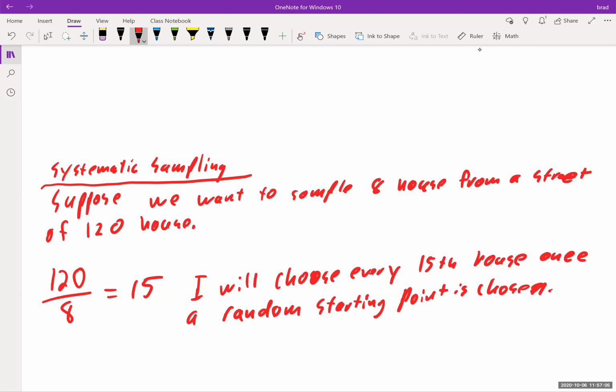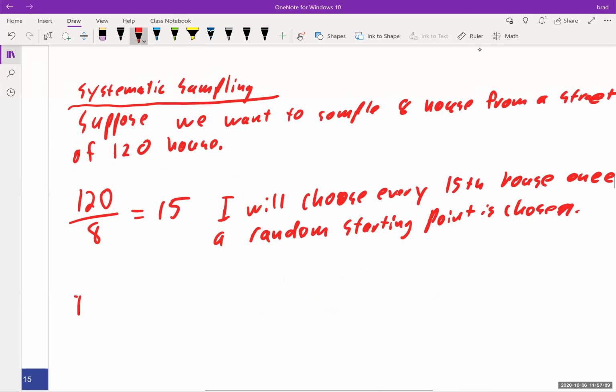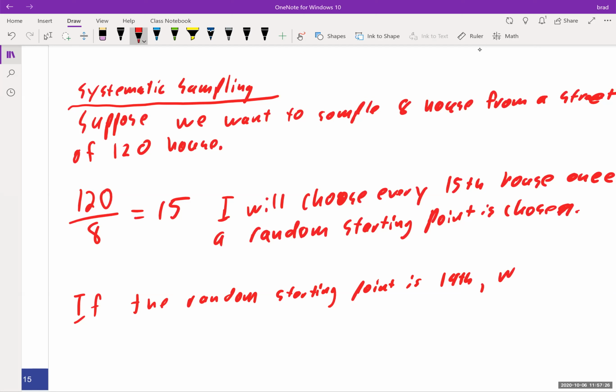So that's what helps. Let's say the random starting point is the 14th house, okay, then choose the rest. What would the next be?